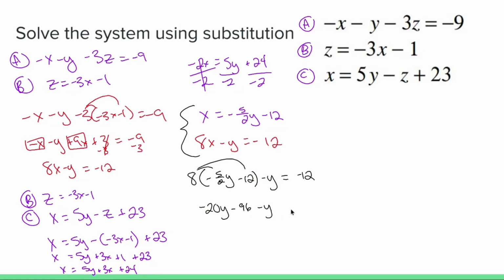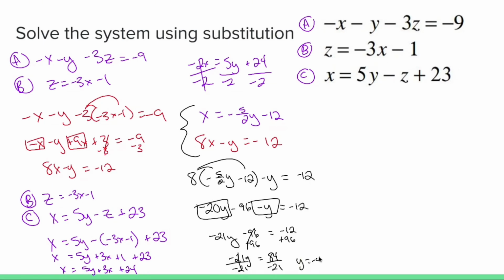Then we have minus y equals negative 12. Combine like terms: negative 21y minus 96 equals negative 12. We can add 96, which gets us negative 21y equals 84. Divide both sides by negative 21, and y is going to equal negative 4.